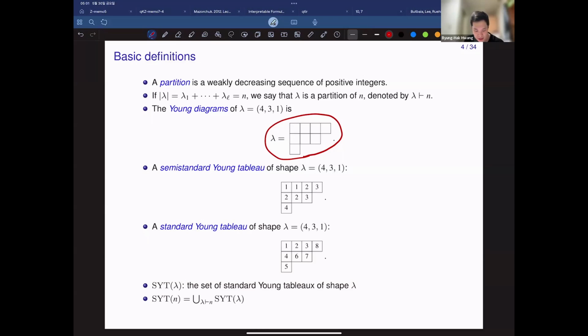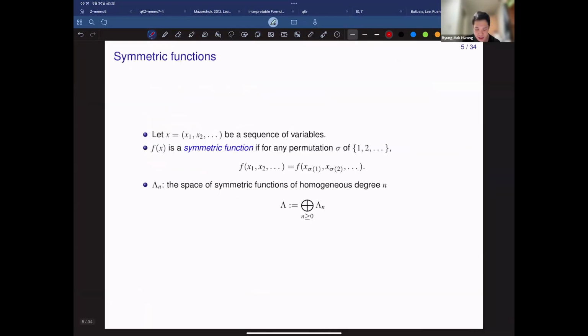A semi-standard Young tableau and a standard Young tableau are fillings of this Young diagram with certain conditions, but I do not put them down on this slide. We denote SYT of lambda, the set of standard Young tableaux of shape lambda. Okay, let's move on to the next.